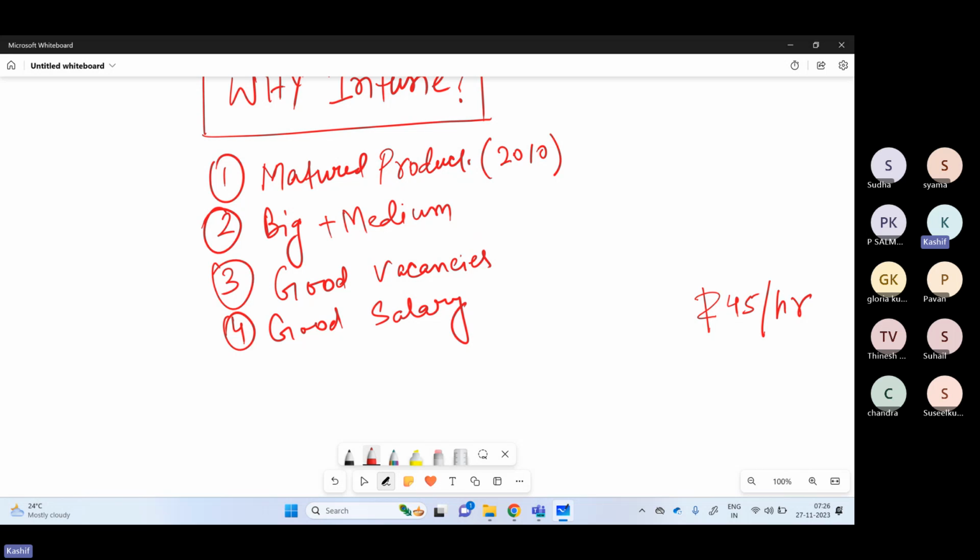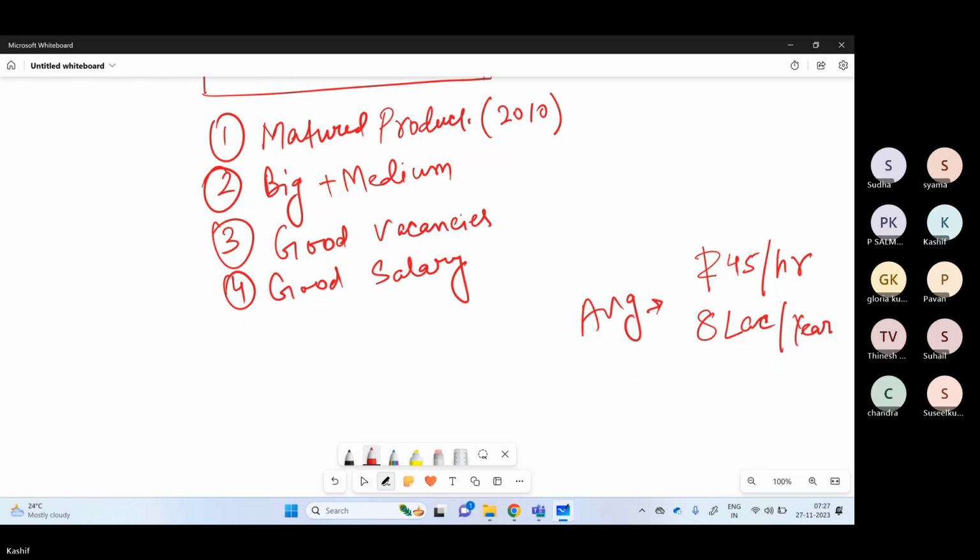If you are in India, you can expect a salary of 8 lakh per year. 8 lakh means 800,000 Indian rupees. These are average salaries, guys. So good vacancies, good salary.